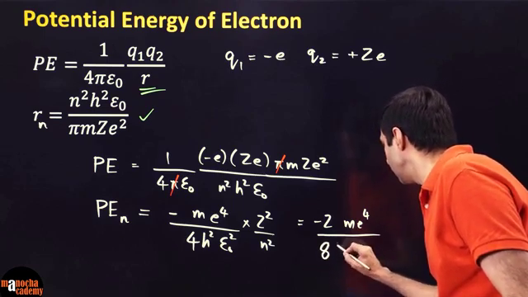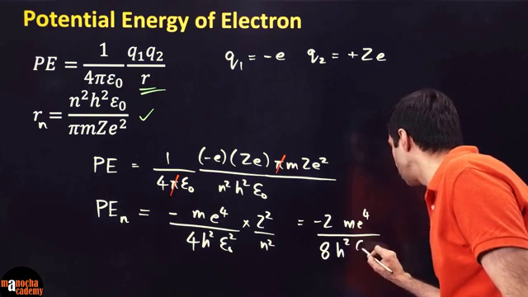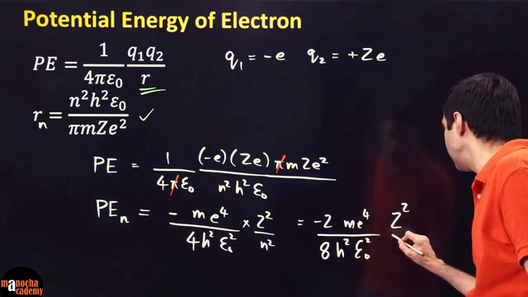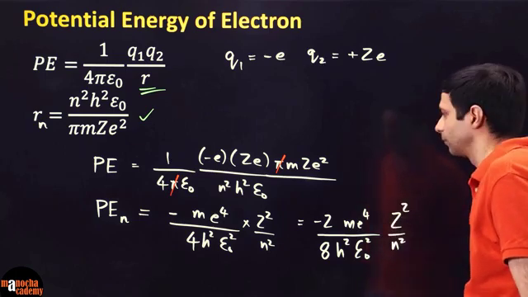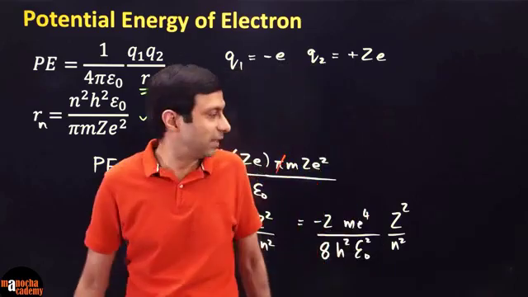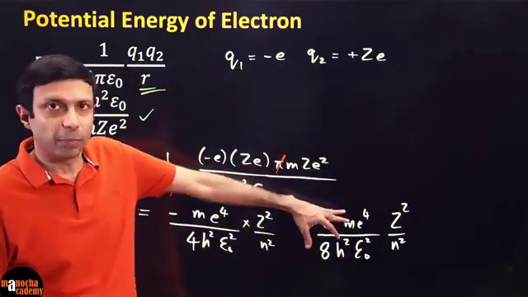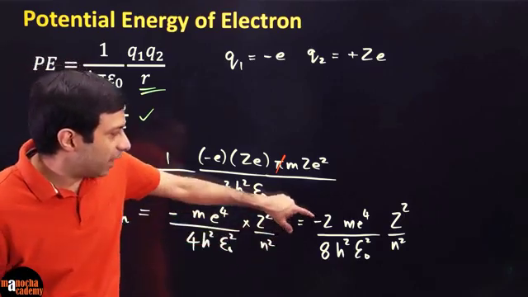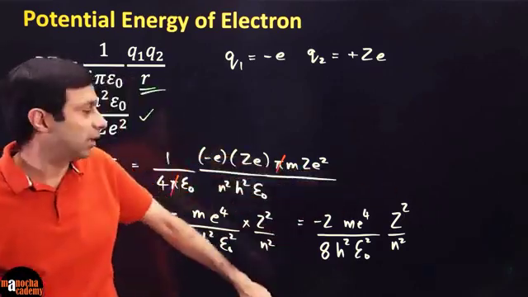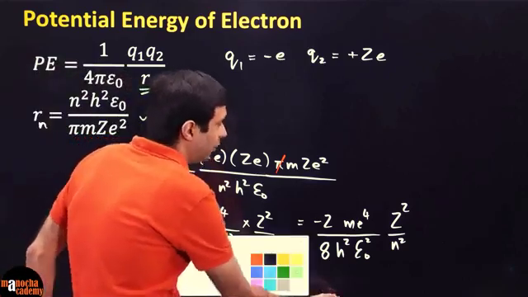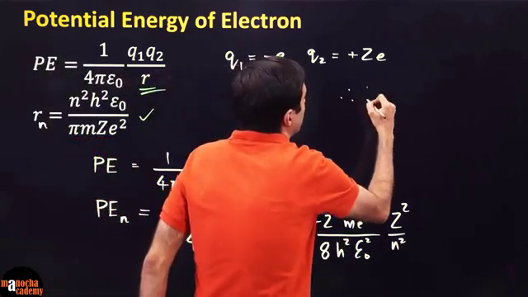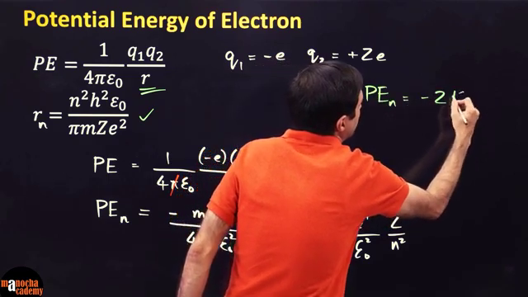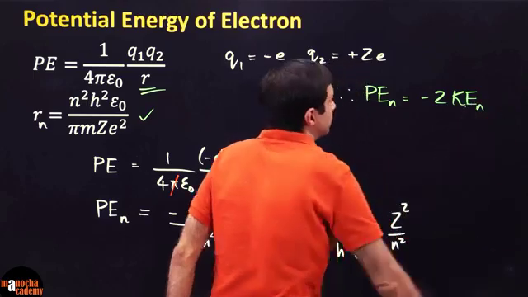So 8 h square epsilon naught square times z square by n square. So you can see it is basically minus 2 times the potential energy formula, right? You can see it is minus 2 and this entire expression is the kinetic energy formula. So we get a very interesting thing here: the potential energy in the nth shell is minus 2 times the kinetic energy in the nth shell.